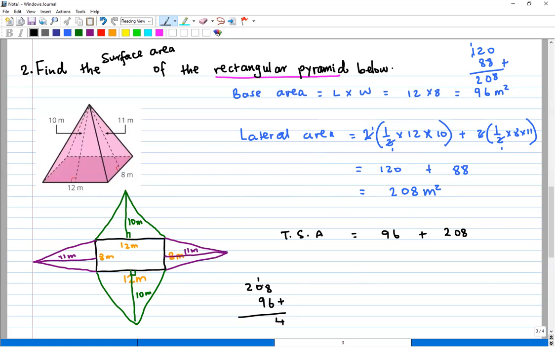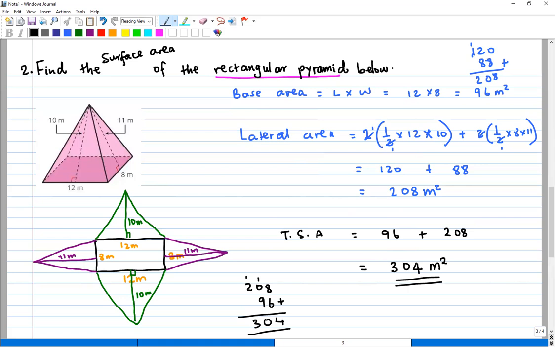Then we carry 1. 1 and 9 will make 10. We write a 0 and carry 1. 1 and 2 will make 3. So we come up with 304 square meters as our total surface area.